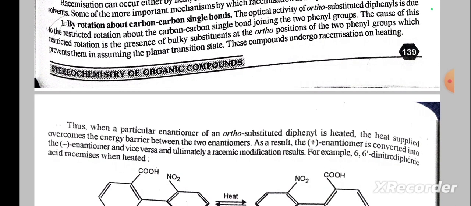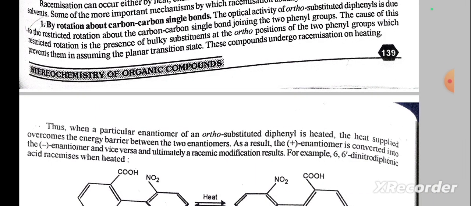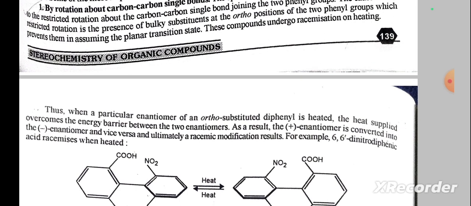By rotation about the carbon-carbon single bond. The optical activity of ortho-substituted diphenyls is due to the restricted rotation about the carbon-carbon single bond joining the two phenyl groups. The cause of this restricted rotation is the presence of bulky substituents at the ortho positions of the two phenyl groups, which prevent them from assuming the planar transition state.